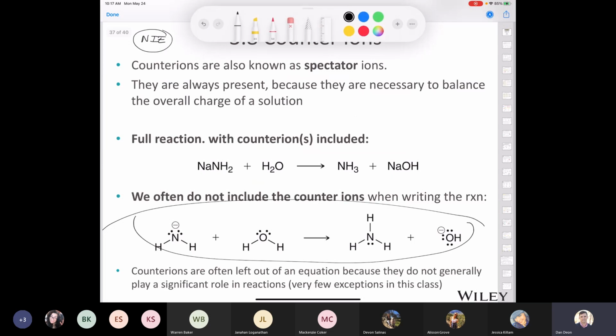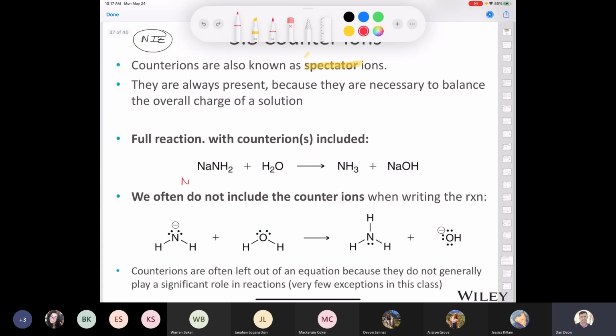There is no cation, right? There's no such thing as a negative charge just floating around in a solution unless it's balanced out by something. Well, counter ions, which are usually cations in organic chemistry, not always, are called spectator ions. And even though they are present, we leave them out almost all the time in organic chemistry. So let's say you had this reaction right here. You've got sodium amide plus water gives you ammonia plus sodium hydroxide.